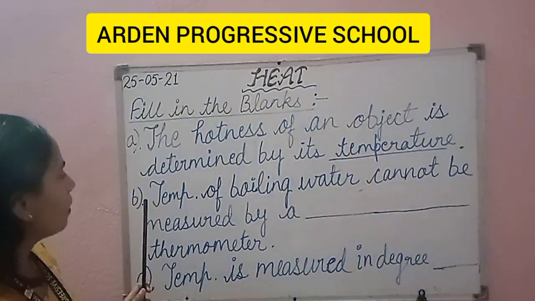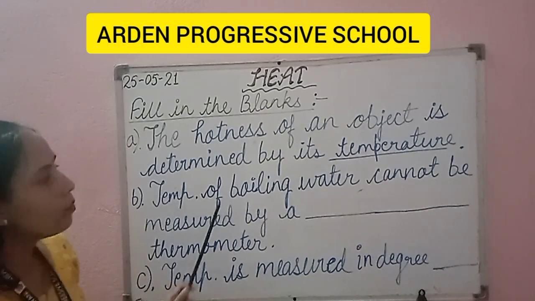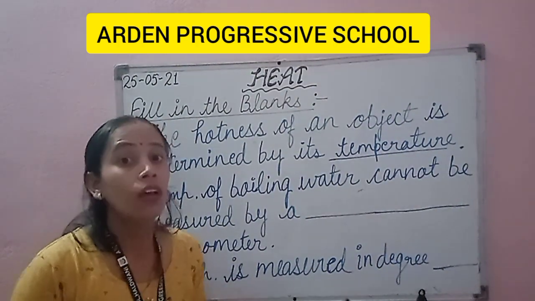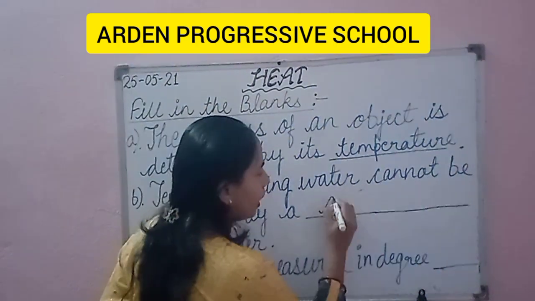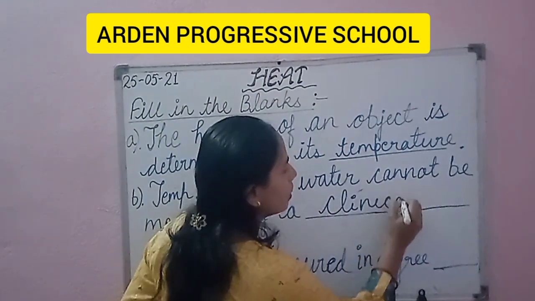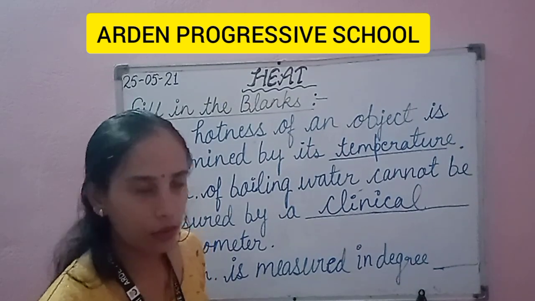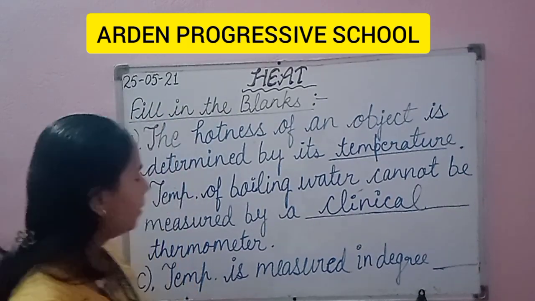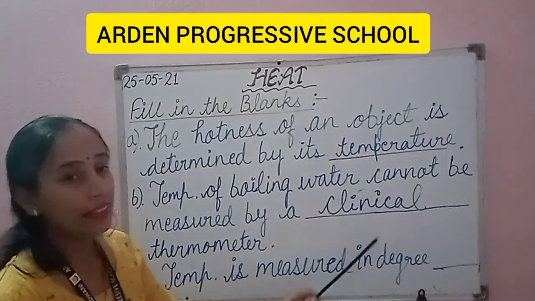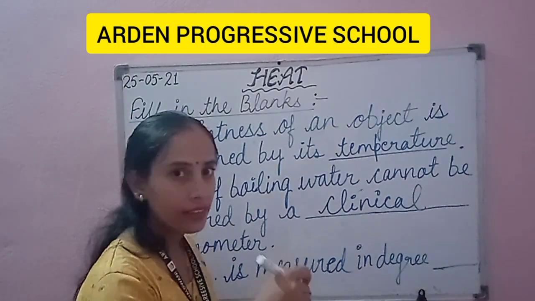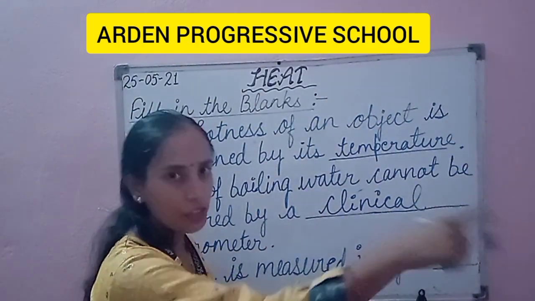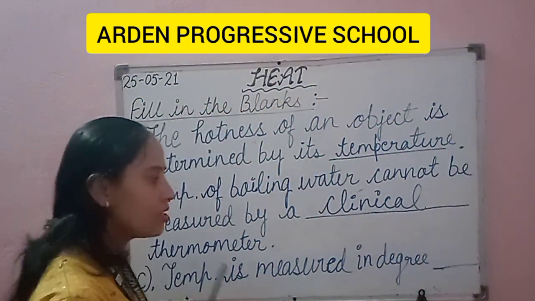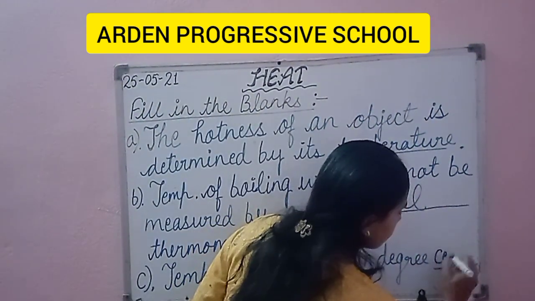So through the clinical thermometer we cannot measure the temperature of boiling water, because it is used for measuring the temperature of a body. Clear? Third: temperature is measured in dash. There is written 35 degrees Celsius to 42 degrees Celsius. The normal human body temperature is 37 degrees Celsius. So the answer is: temperature is measured in degrees Celsius.